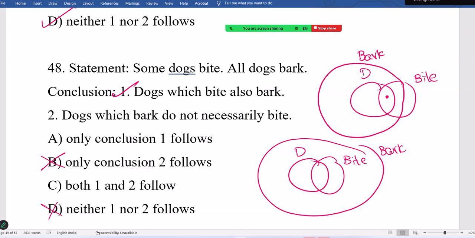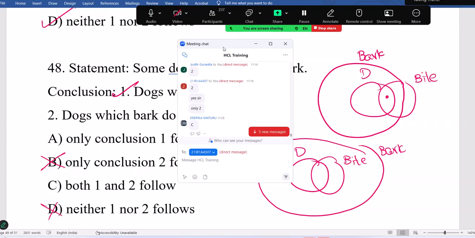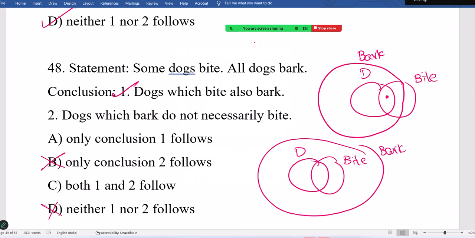Dogs which bark, so means all dogs do not necessarily bite. All dogs are not biting, only some dogs. So we cannot say some dogs bite means remaining dogs are not biting, we don't have that information. I know about some dogs, they are biting. Remaining dogs, I don't know whether they are biting or not. So that is a bit clumsy here. Yet it conveys that both follow, looks like both follow.